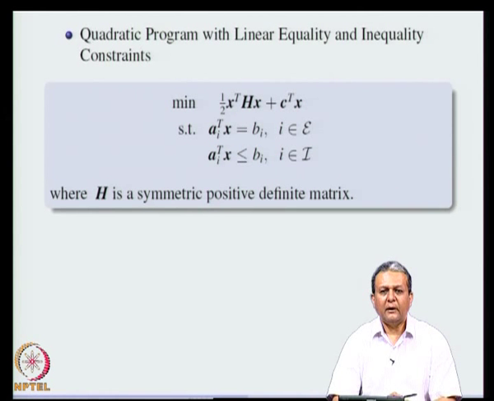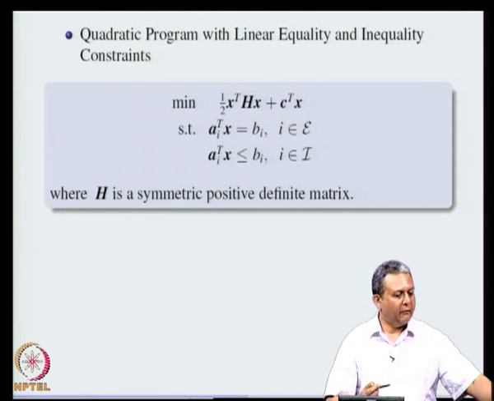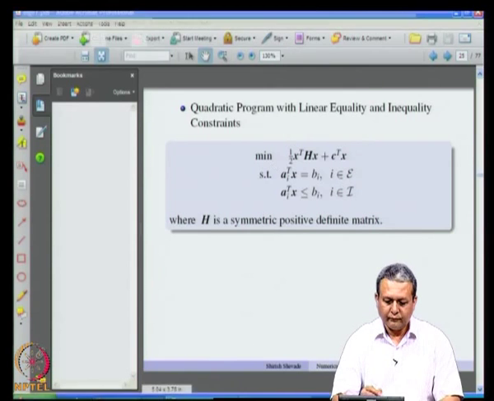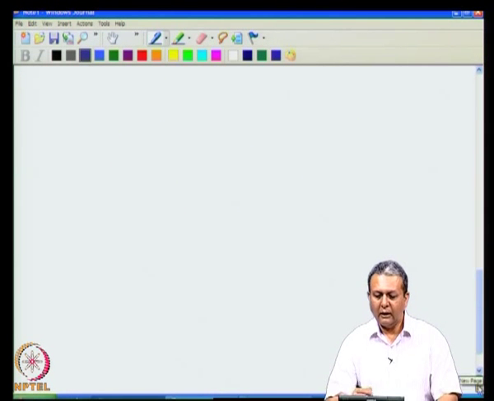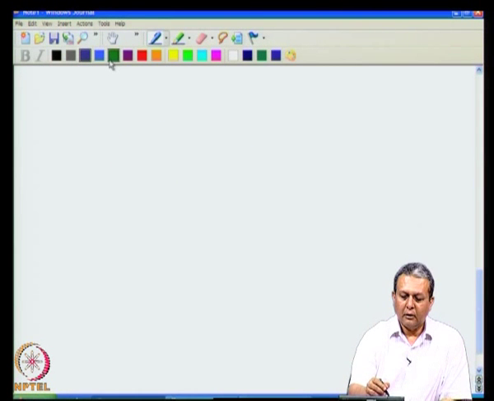Now, to solve this problem, we require the concept of active sets, and when we discussed constrained optimization theory, we saw the concept of active sets.